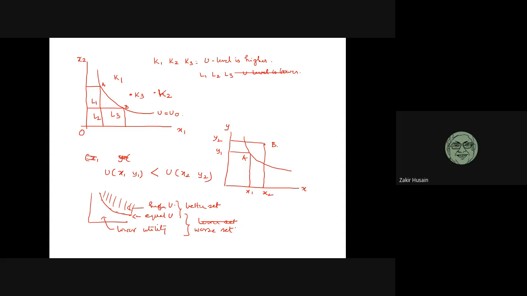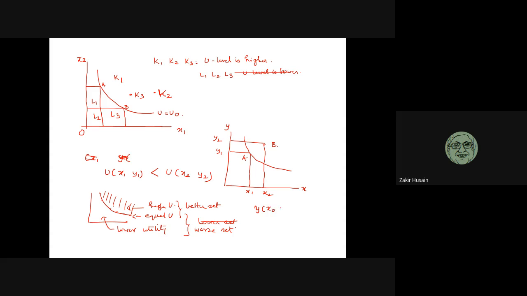So what we see over here is that if you take points over here, including this line, if you take combinations of x1 and x2, the corresponding value of y will be greater than or equal to the original value. Okay, so I can write it like this.